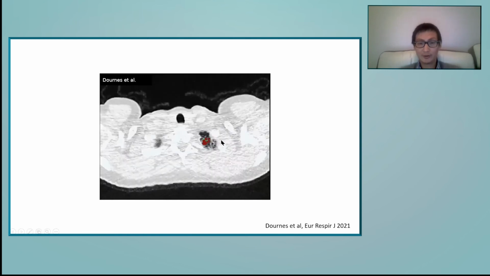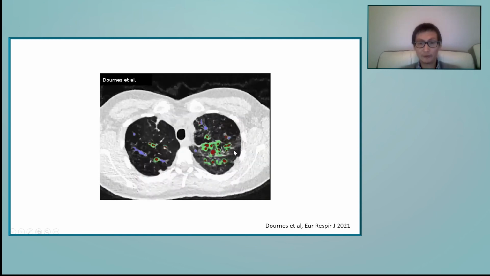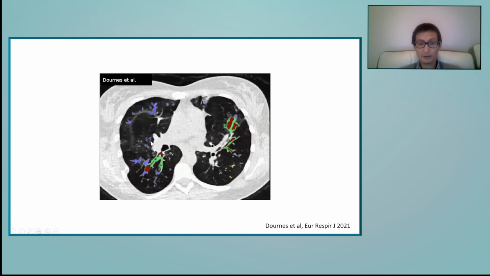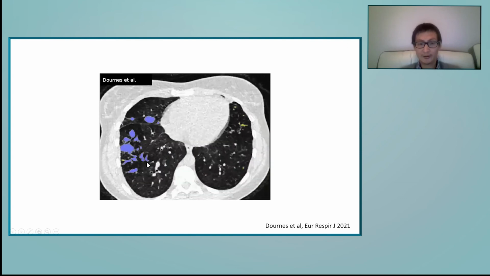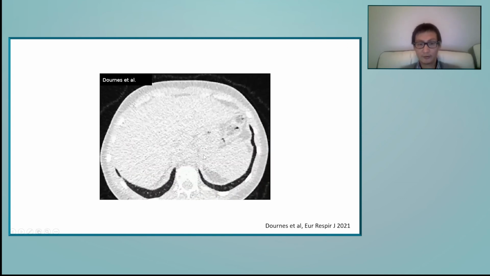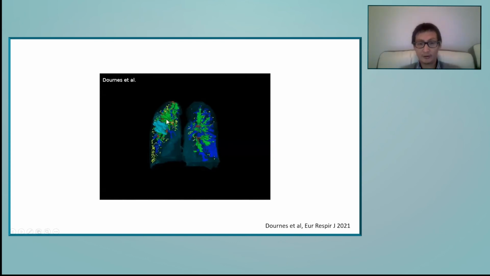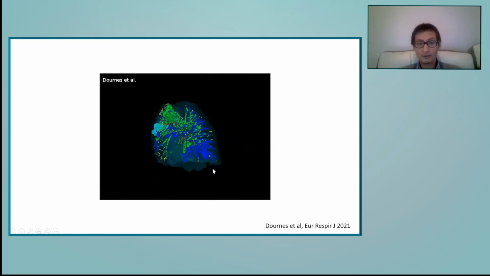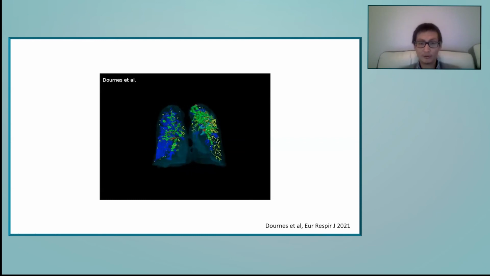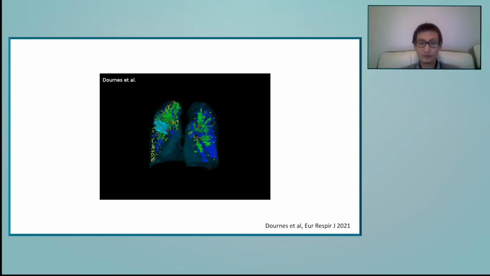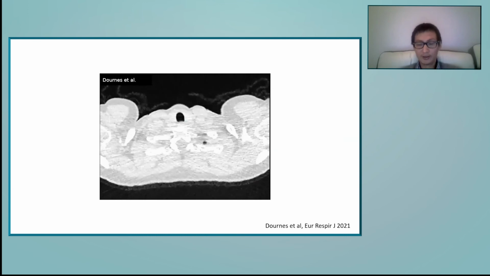And this is what AI is able to do fully automatically. So all structural abnormalities are tagged over the full set of CT slices, allowing to get a 3D image reconstruction of all the structural abnormalities and to know which one is it, or to calculate the total volume of the lesions.